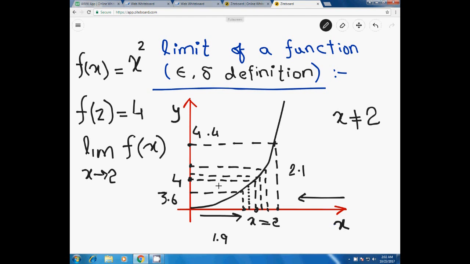We have seen that as we come close to x is equal to 2 from both the left hand side and the right hand side, the function is approaching the value 4. Therefore, we will write that the limit of the function as x approaches 2 is equal to 4.